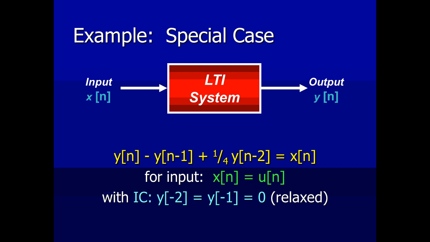I plug in my initial conditions. What are my initial conditions? 0. If all of my initial conditions are 0, what's the 0 input response? System was relaxed. There are no initial conditions, so there's no response to the initial conditions. So the 0 input response has to be 0 in this case. So the total response now is just going to be a zero state response.